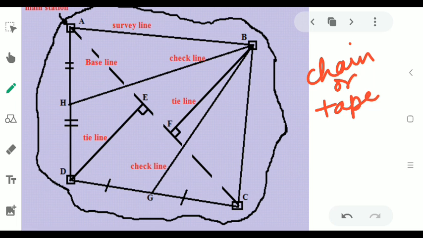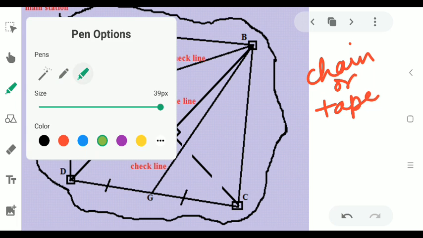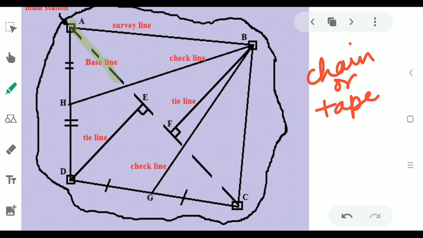For example, in this we will first of all establish the baseline AC. After that we will establish this B and D station, and with the help of these survey lines.